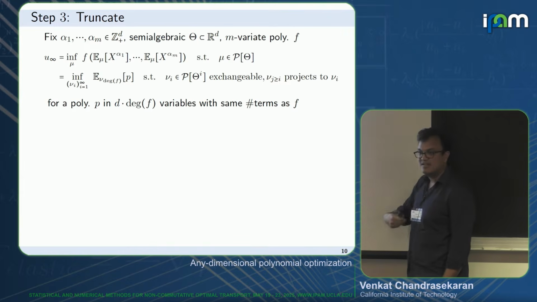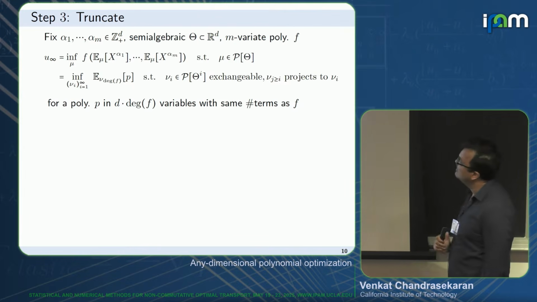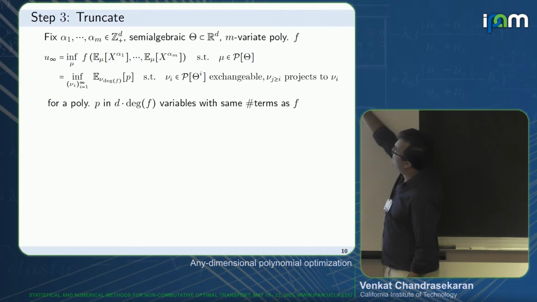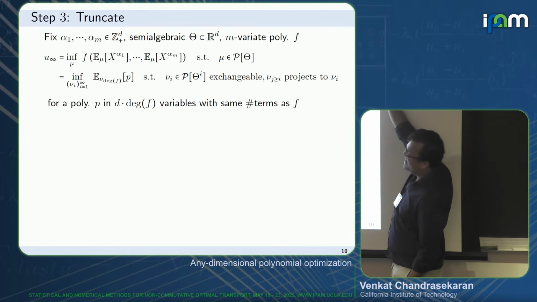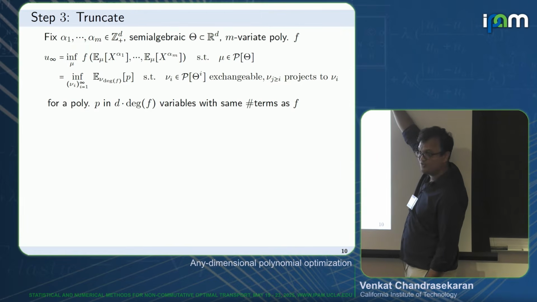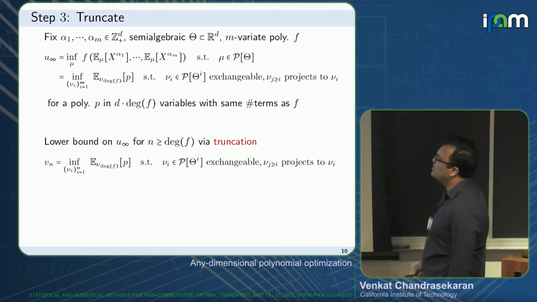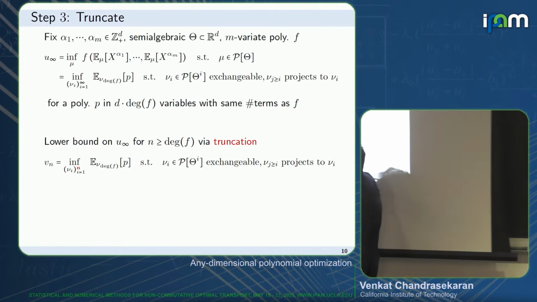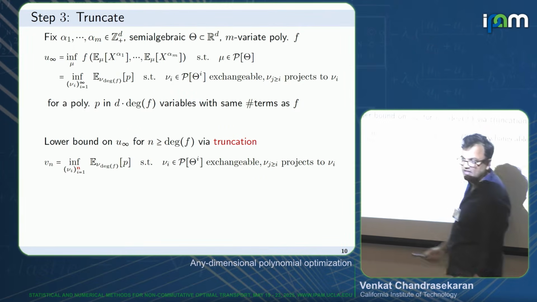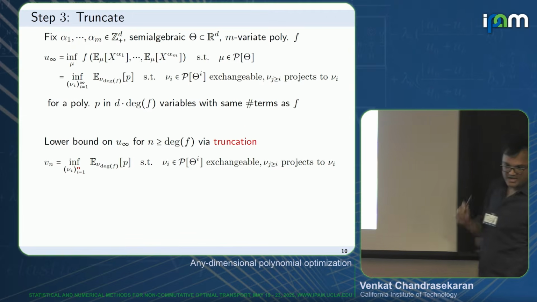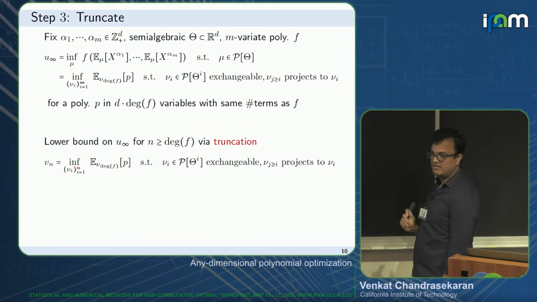And step 3 is where we'll get to a lower bound. So again, the first bit is our original problem and the reformulation we've gotten to so far using de Finetti and independence. And what you can simply do now is rather than taking an infinite sequence of measures, just truncate it at some n.